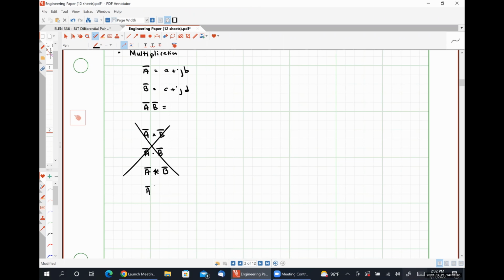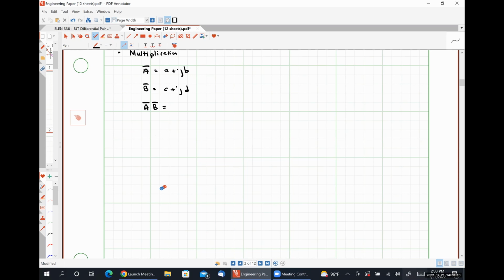If you ever see something like A asterisk B, that means I am asking you to multiply the complex conjugate of A times B, okay? So a little bit of a rant there, but I wanted to be very, very clear about the notation that will be used to avoid further confusion, okay?